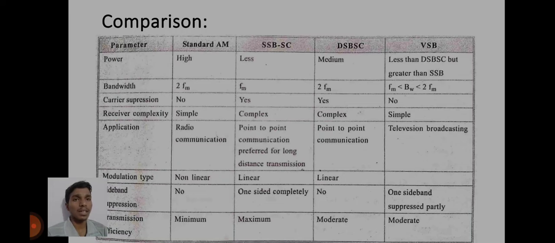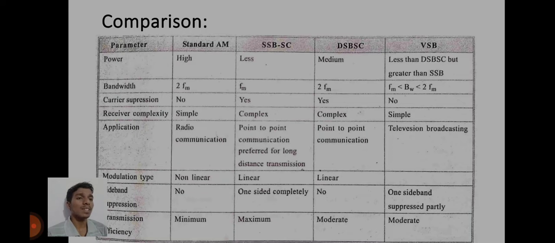Receiver complexity. In AM the receiver is very simple, with a low pass filter, a local oscillator and a demodulator with the modulated signal input. In SSBSC it is complex, and DSBSC also is complex, because we have completely cut off the carrier from the modulated signal, so it is somewhat complex to recover the original signal.